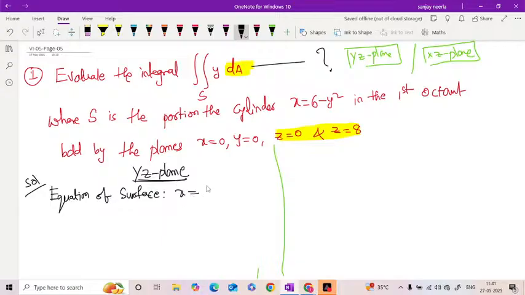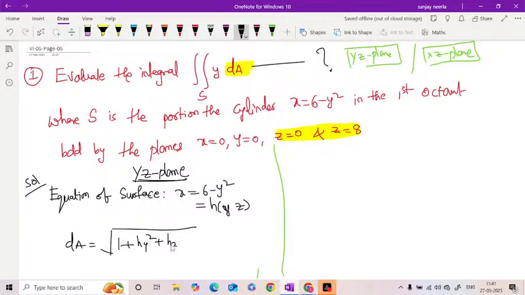Now x is equal to 6 minus y square. That means now it is our h, function of y and z. So dA here is under root of 1 plus hy square plus hz square into dy into dz.